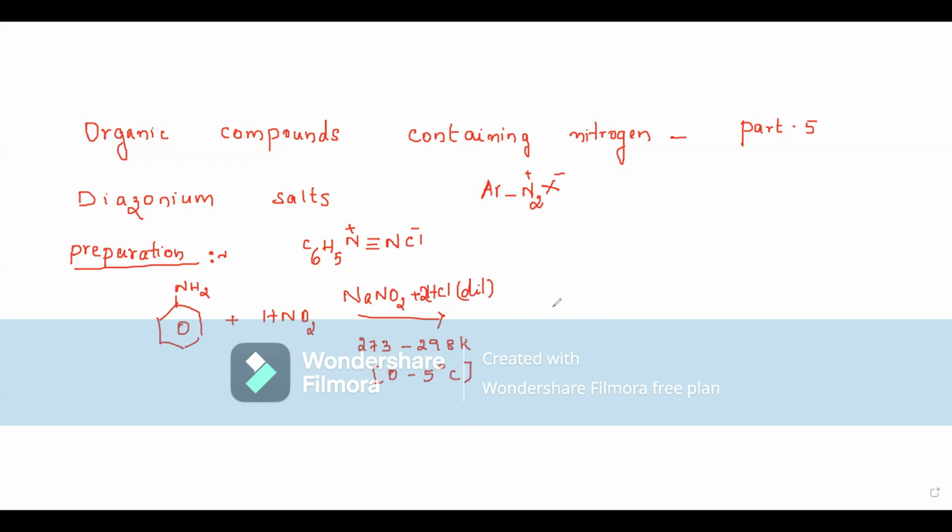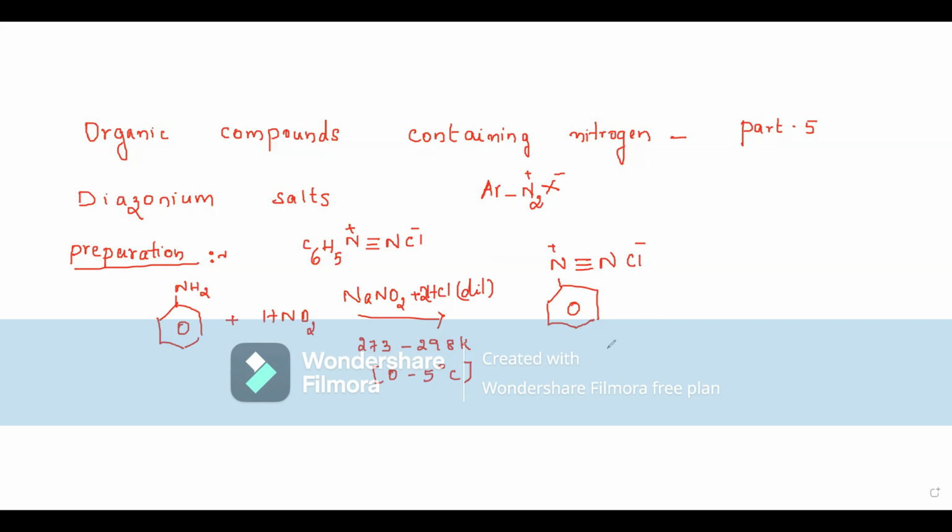Now, the product of this reaction is C6H5, that's a benzene ring, with N triple bond N Cl-.